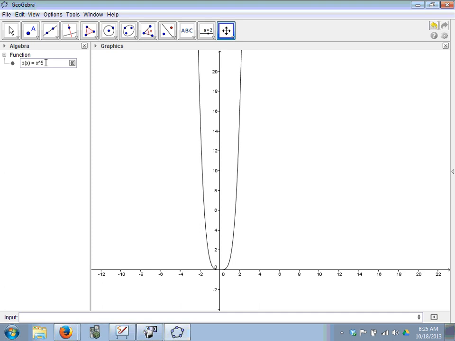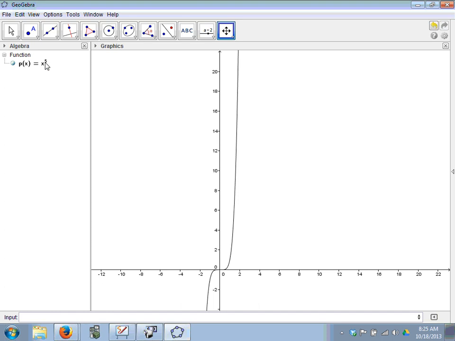What's going to happen to the end behavior? It's going to go back to the end behavior of x to the third. What's really the only difference here? Look near the origin. Just a little more flat. But the key here is the end behavior. One's traveling up. The other one has negative values because you can have negative values with an odd exponent.